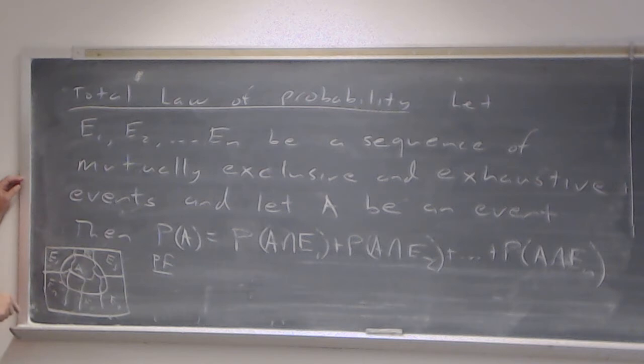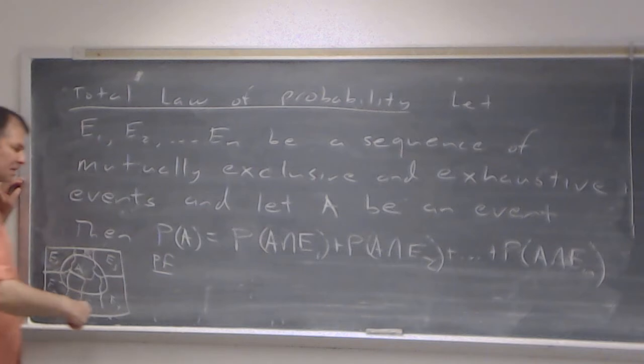The intersection of Ei and Ej is equal to the null set, or the empty set. And so that makes A intersect with any two of them be mutually exclusive events as well. And so that's how you get the probability of A.